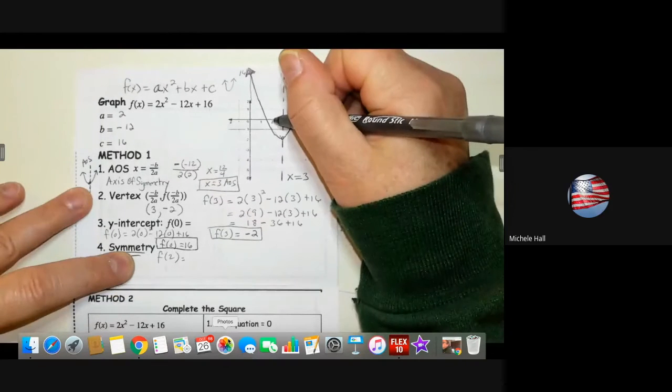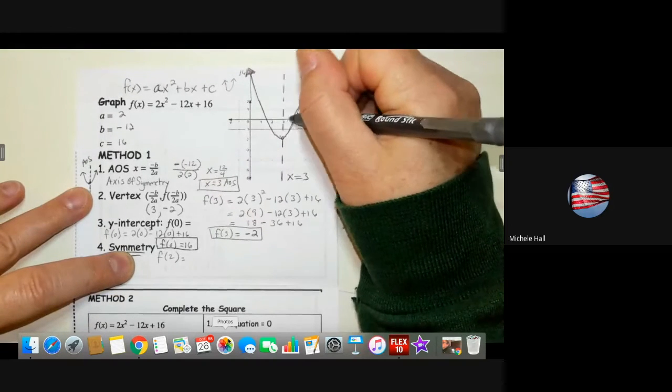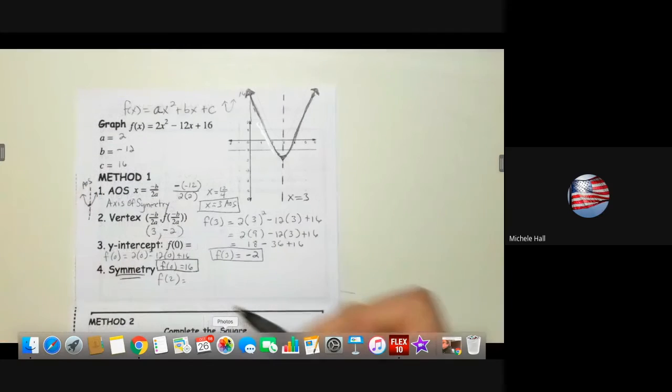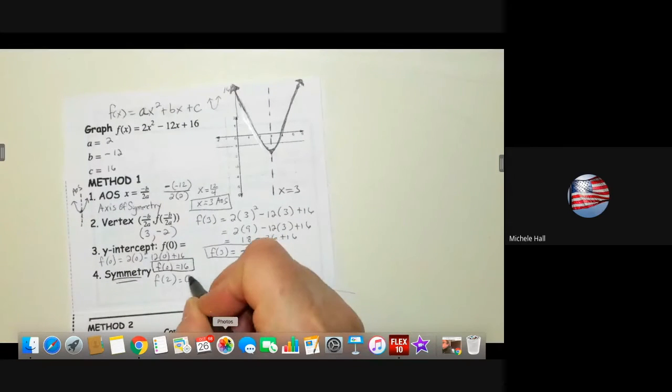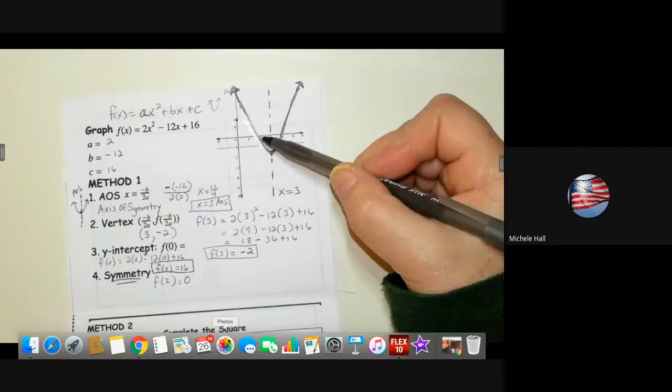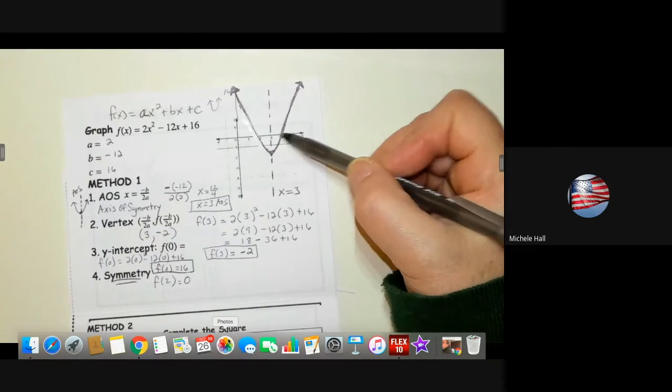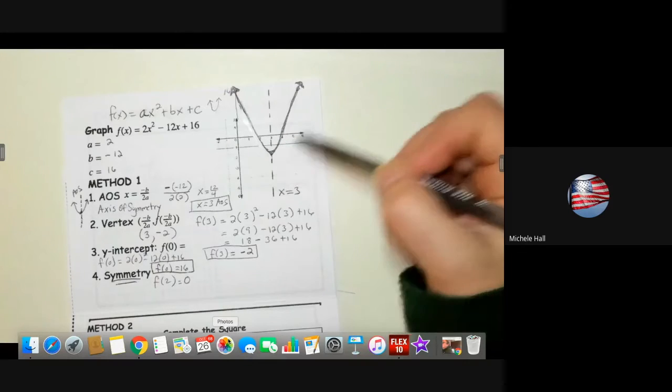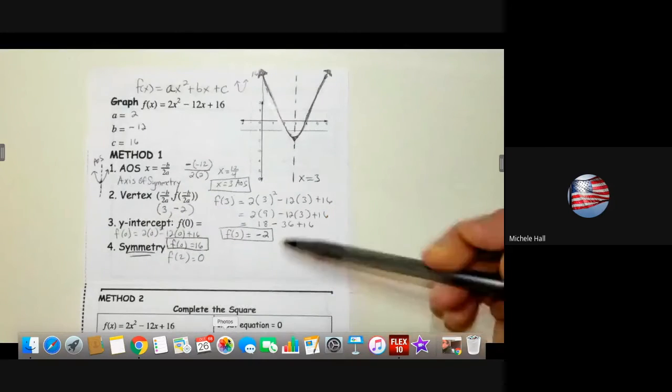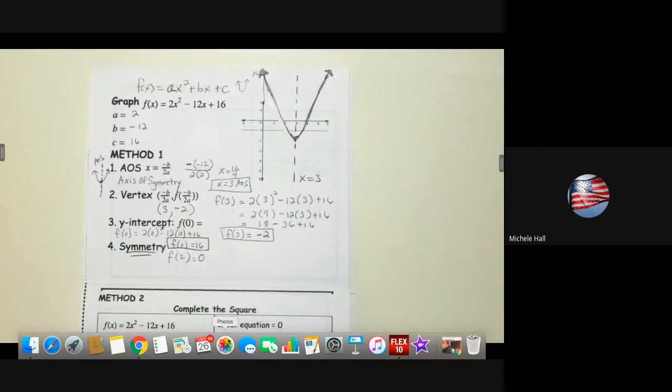Really, I should have been right here, and then I could have used symmetry on the other side as well. F of 2 was 0, so I could have used another point, and then I can see it's 1 away on the other side, so I can see symmetry there. I can use any point. We do like to have the x and y intercept, and that is it for standard form.